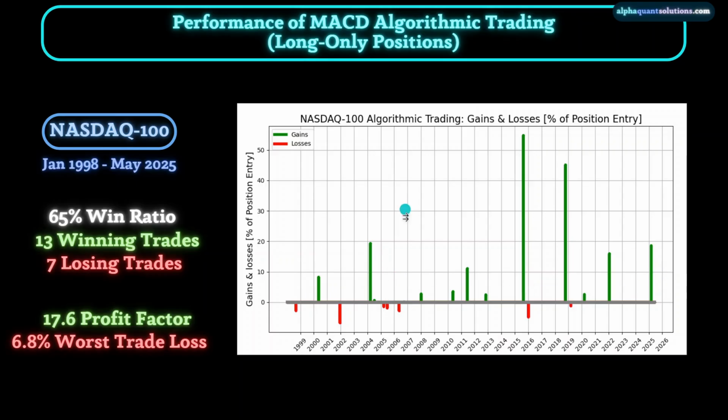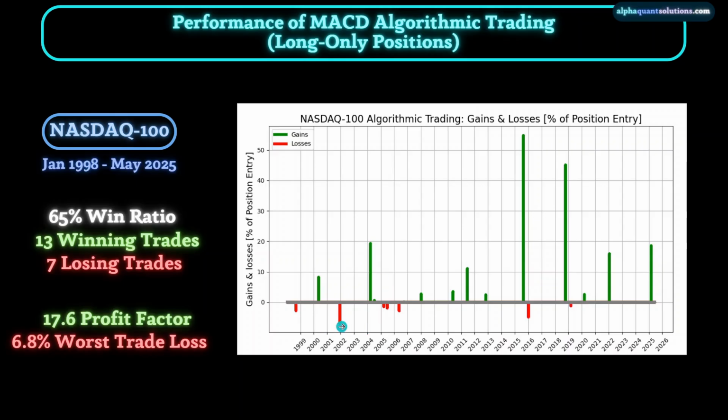The height of the green bars is way higher than the height of the red bars. We have some trades that were closed at the end of 2015 with approximately a 55% gain, and we can say that we have at least 5 of them in the range of or above 20% gain.